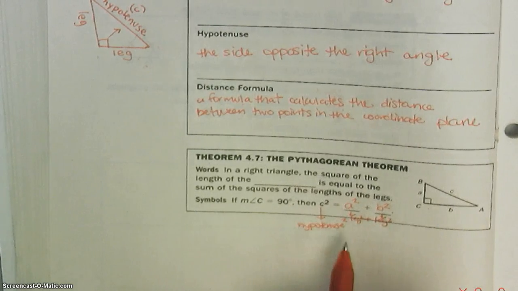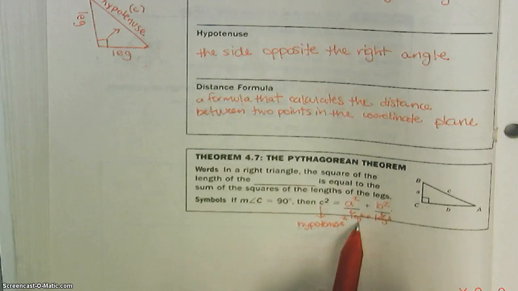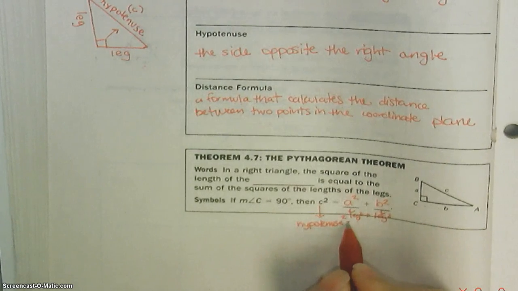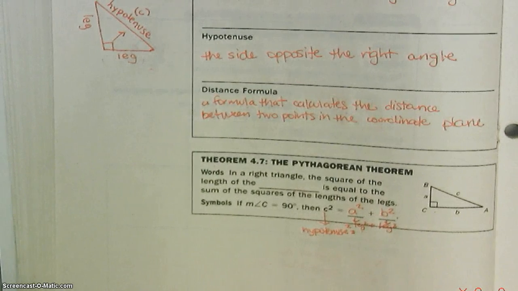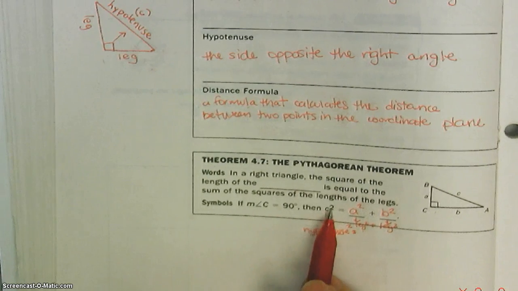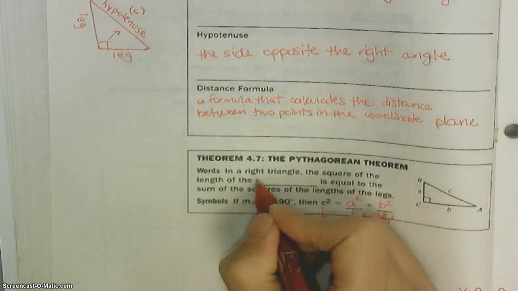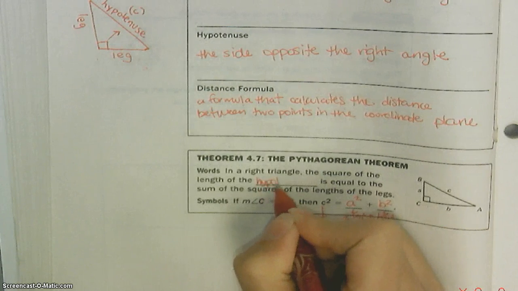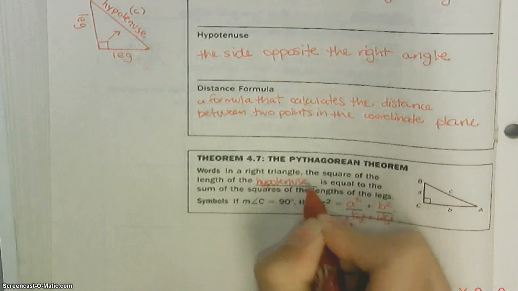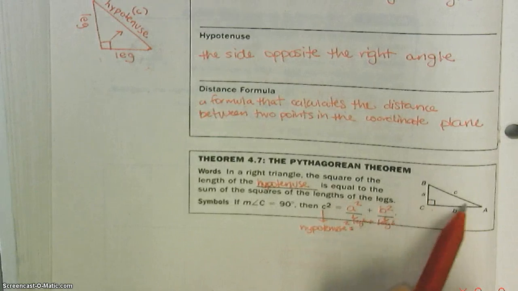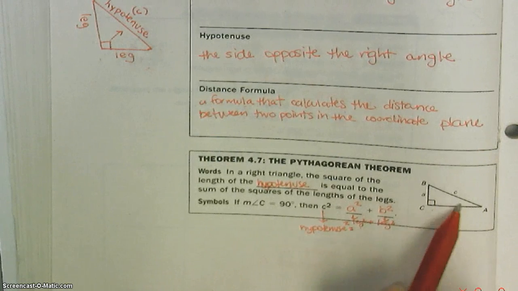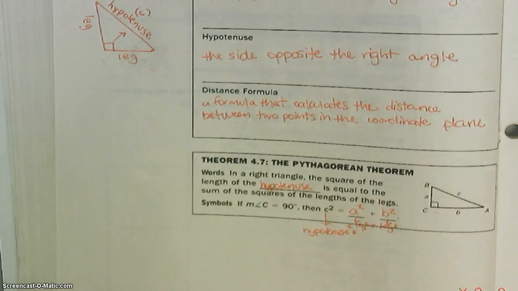So that helps you: hypotenuse squared equals leg squared plus leg squared. Please use that, because you need to know that c is the hypotenuse, the square of the length of the hypotenuse. Look how they've labeled this. Little c is the longest side, the hypotenuse. The hypotenuse is always the longest side.